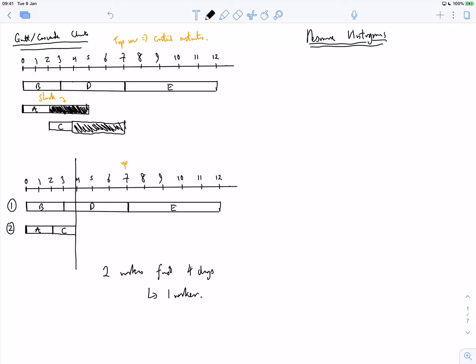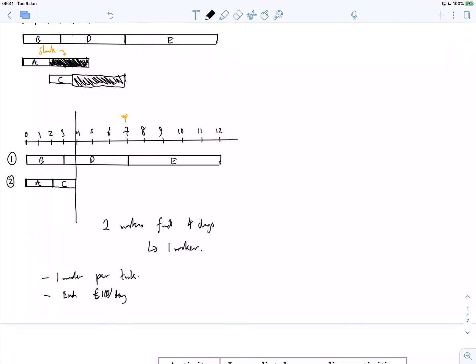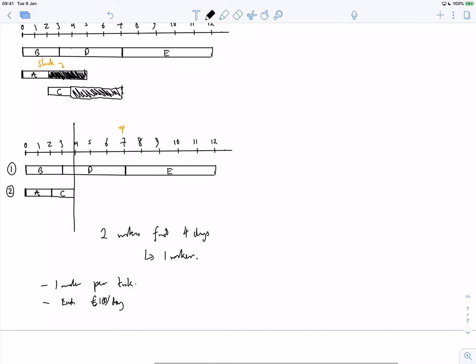Okay, so if somebody said to you, you can only have one worker per task, and each worker was, I don't know, £100 a day, then you could say, okay, I'm going to need £800 for the first 4 days up front to pay for the two workers, and then from 4 to 12, that's 1 day, 2 day, 3, 4, 5, 6, 7, 8, so I need £800 for the last 8 days because there's only one worker.